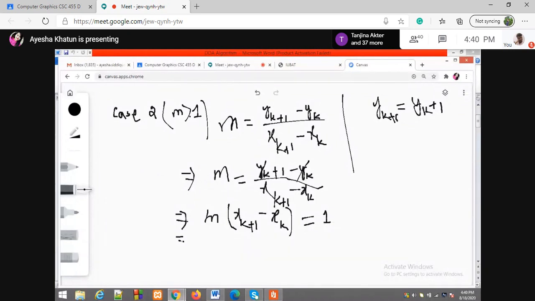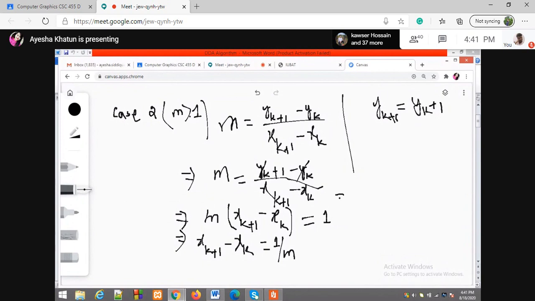So if I take m on that side, we will have xk plus 1 minus xk equals 1 by m. Okay.